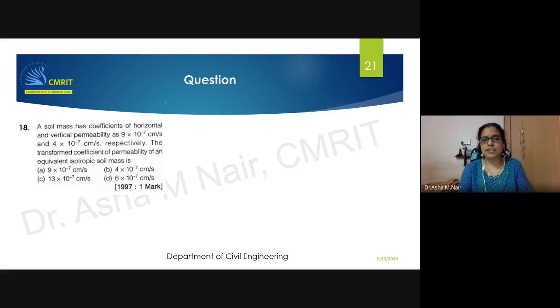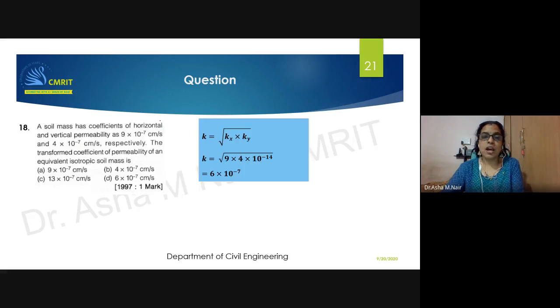How do we get the transformed coefficient of permeability? It is given by the square root of Kx into Ky, which is the square root of 9 into 4 into 10 to the power of minus 14, which is 36 into 10 to the power of minus 14.